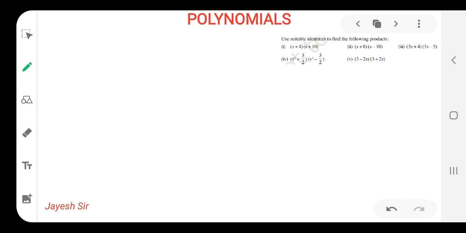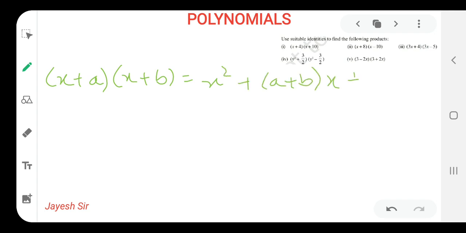So I am writing the same formula, x plus a into x plus b, so that we can easily relate it: x square plus in bracket a plus b x plus ab.